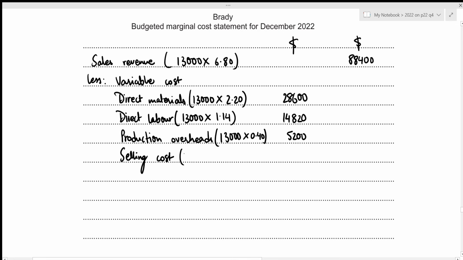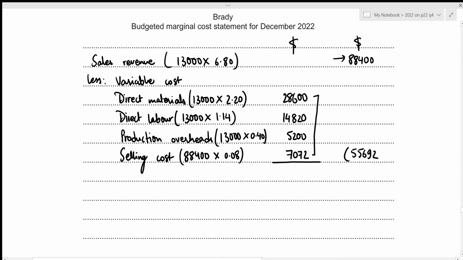We will start with our total sales revenue of 88,400, and 8% of this is going to be our variable selling cost, so that's times 0.08, which results in our selling cost to have the amount of 7,072. This concludes all of our variable costs. So let's figure out the total variable cost. That's going to be the sum of these four amounts. That's 28,600 plus 14,820 plus 5,200 plus 7,072, which results in the amount of 55,692.